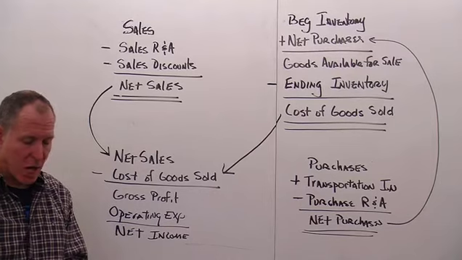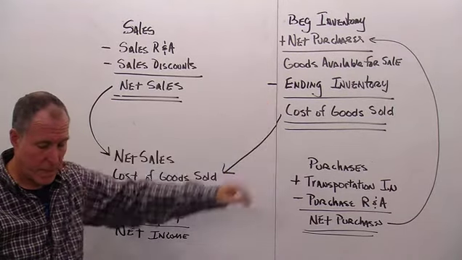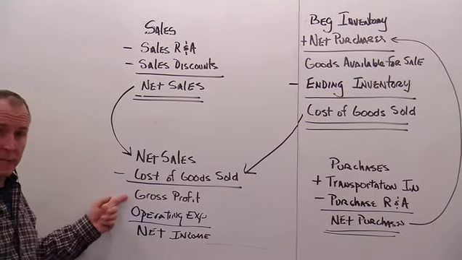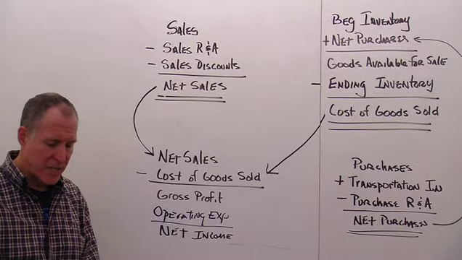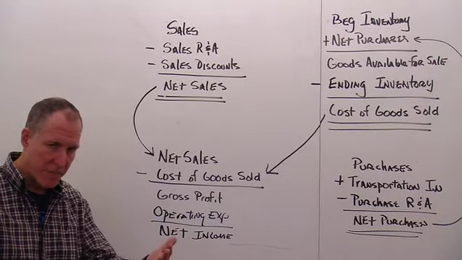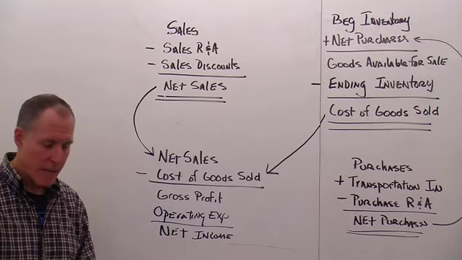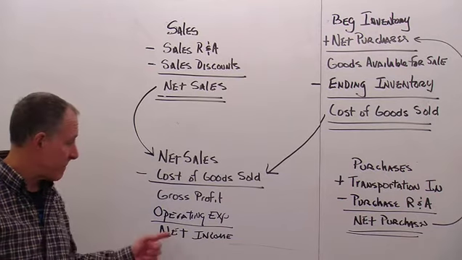In D, the cost of goods sold. I'm asking you to calculate cost of goods sold. In E, the gross profit. In F, I'm asking you to calculate the selling expenses. So look at all that information up above, figure out what the selling expenses happen to be. And then the last in G, I've asked you to calculate out the net income.